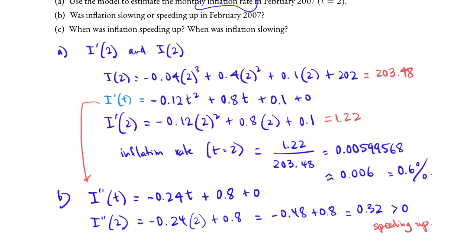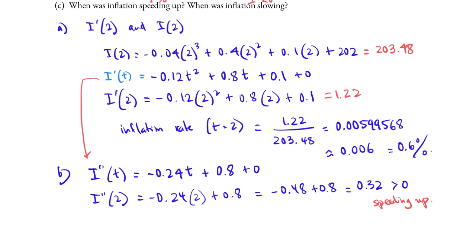Inflation is speeding up when the second derivative is positive, and it is slowing when the consumer price index is decelerating. One is when the second derivative is positive, and one is when the second derivative is negative. And so to answer this question, we would need to find out where the second derivative is 0.